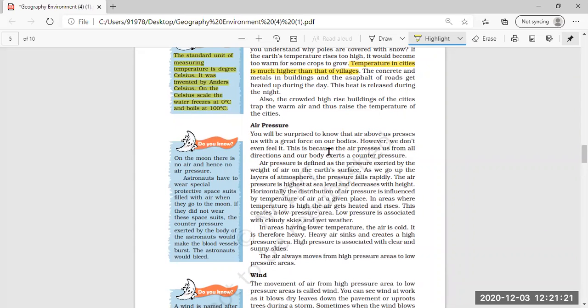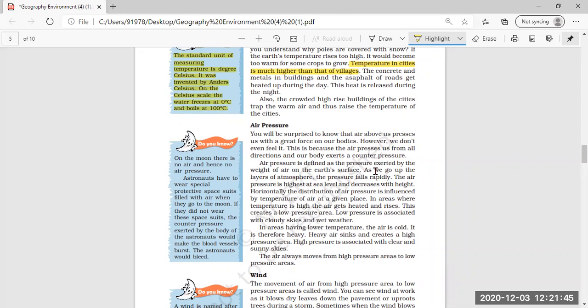That means our body also gives the pressure back.